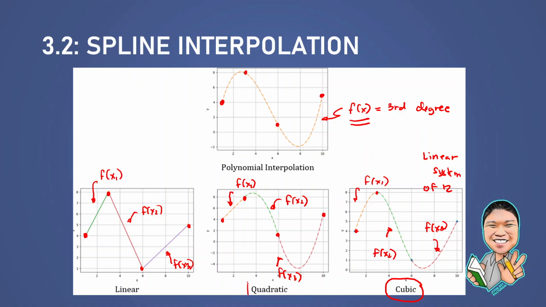Pero, since powerful naman yung computers natin ngayon, guys, kumbaga, hindi na to masyadong problema yung number of equations na kailangang isolve. So, yun lang. I think na-introduce ko ng maayos yung definition ng spline interpolation. Again, ang main difference si polynomial, isang polynomial lang ang nagko-connect sa kanilang apat.